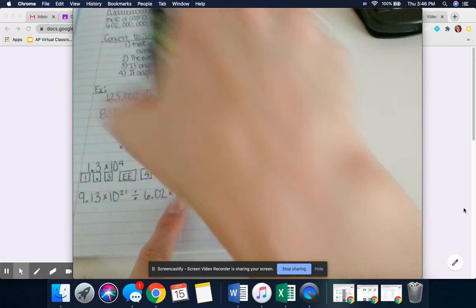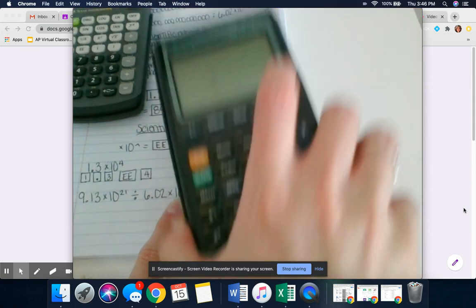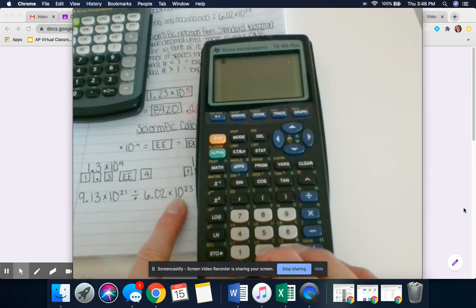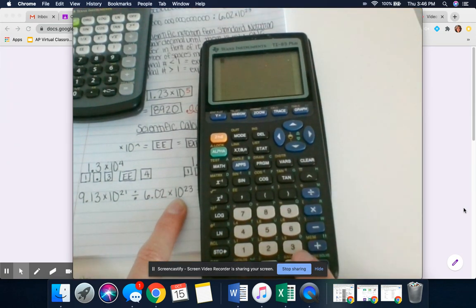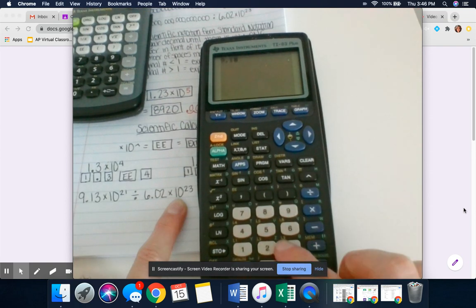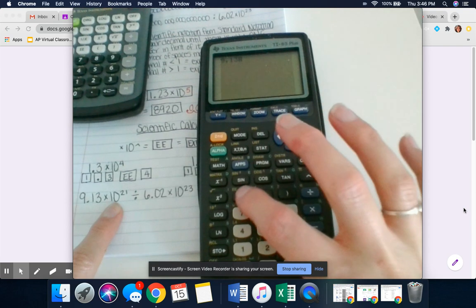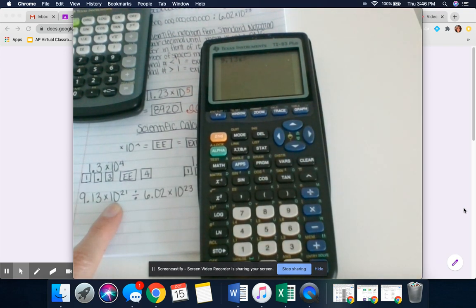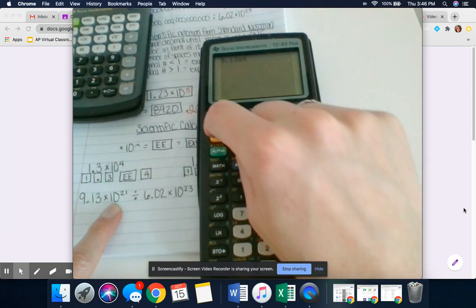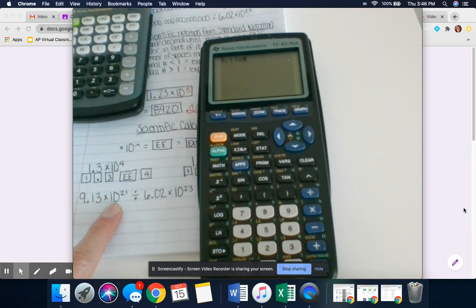Okay. Let me do this one more time on this calculator, just in case this is the one you're using. So you're going to say 9.13. Okay, remember the times 10 part is second EE for this calculator, because that little EE is in yellow, so I have to hit second EE. Then I'm going to hit 21st.